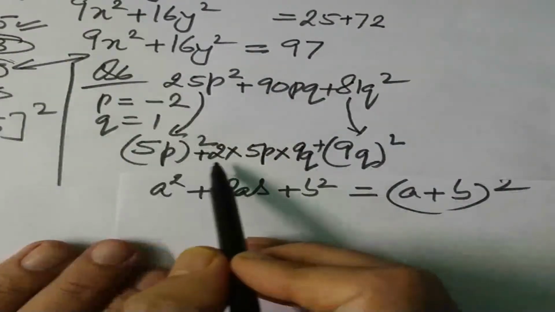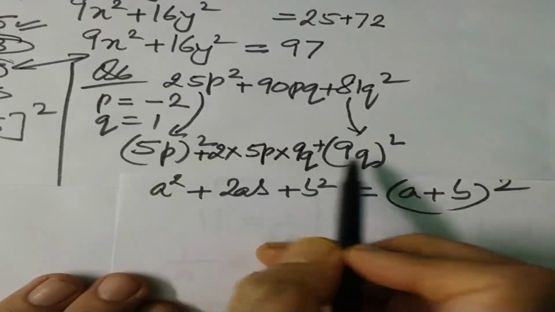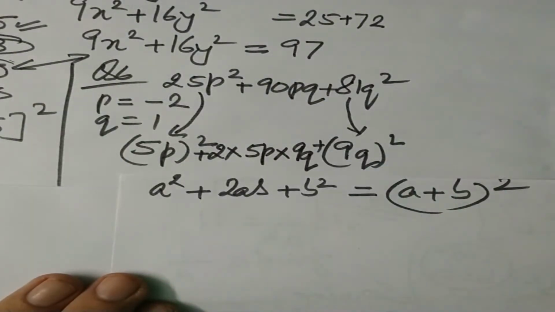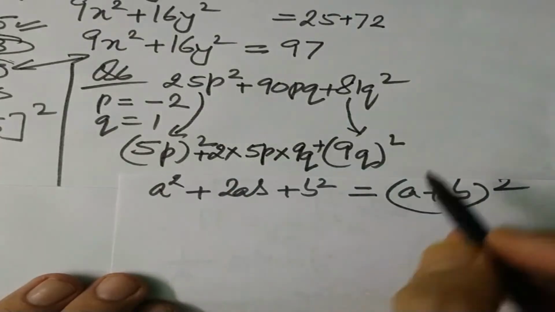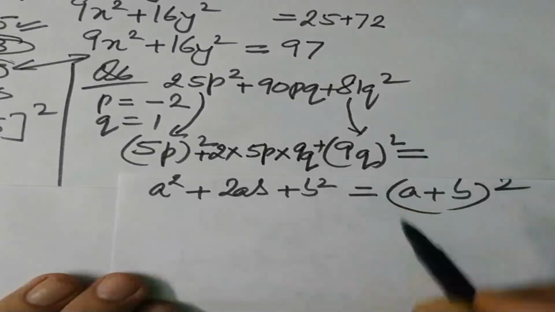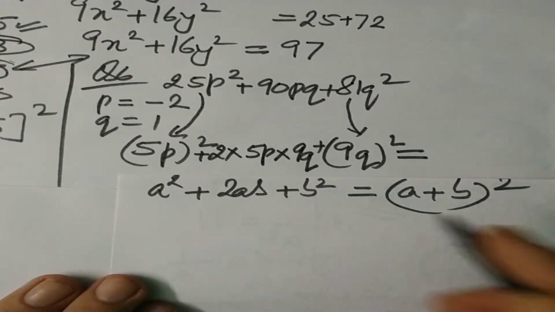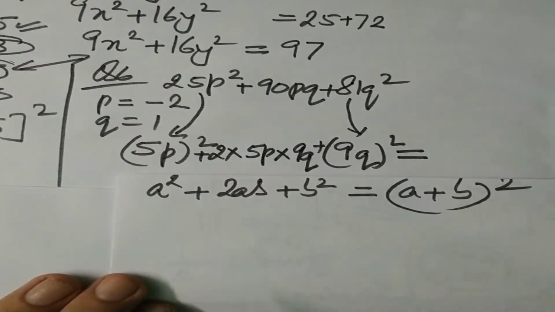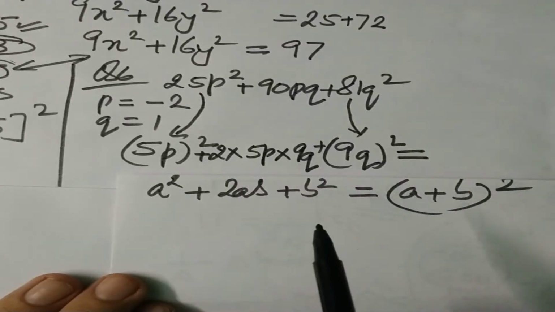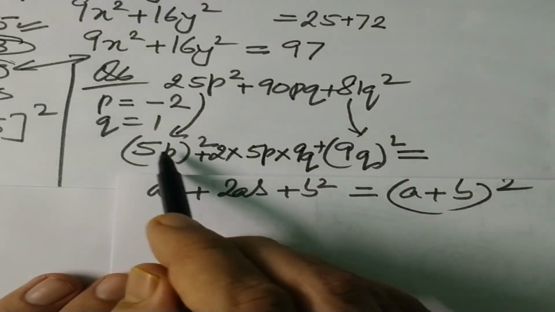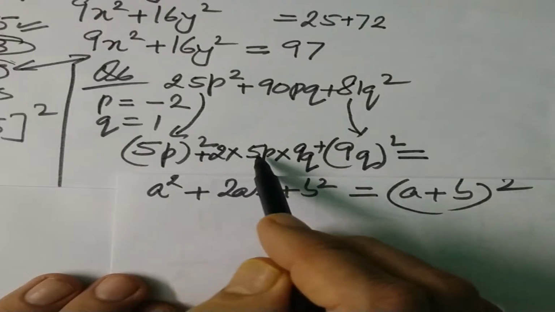So 5p square, 2 into 5p into 9q plus this. Now this whole thing is to be written like this. So this is equal to what? What is a plus b? What is the value of a plus b now? This is a square, this is b square, 2ab.